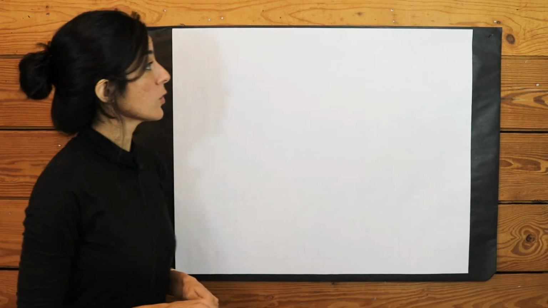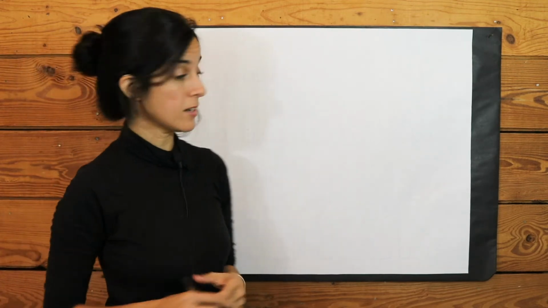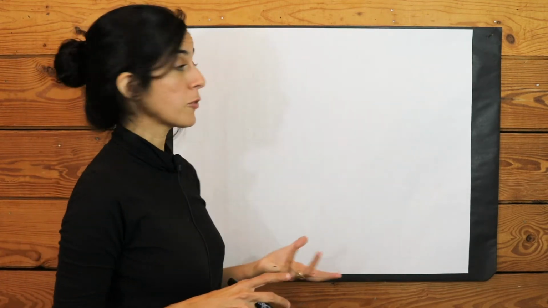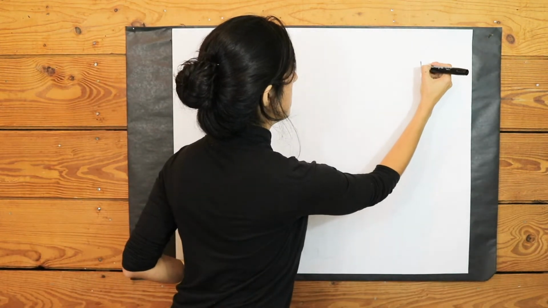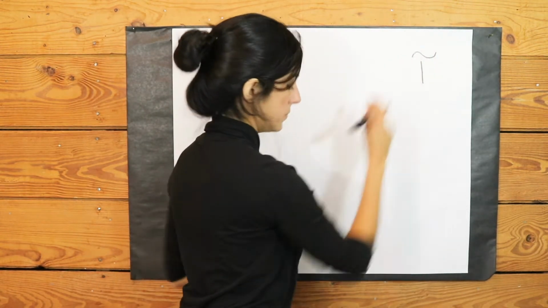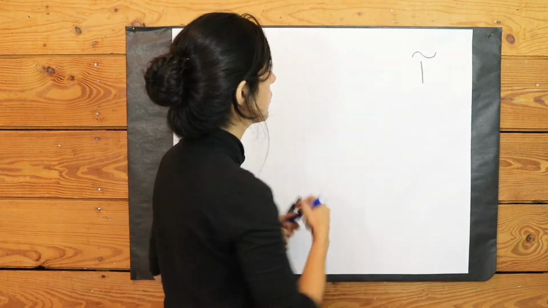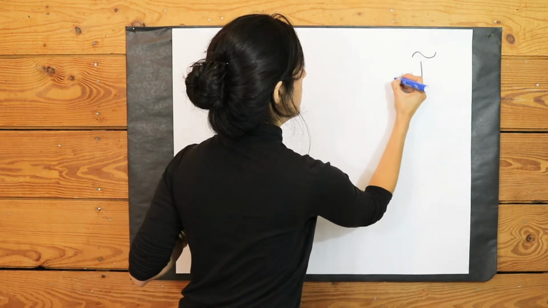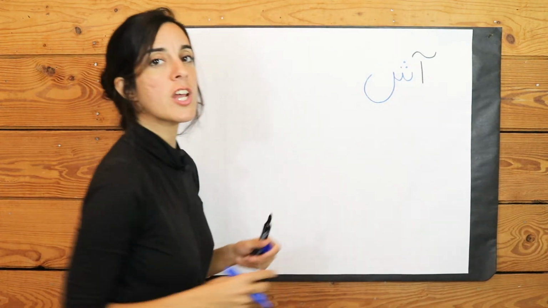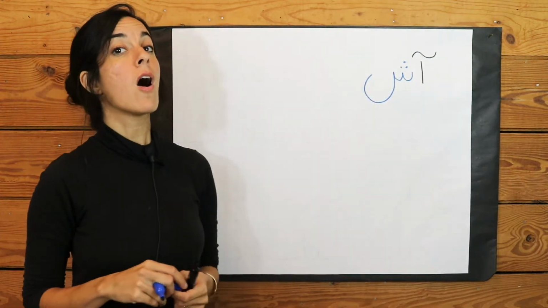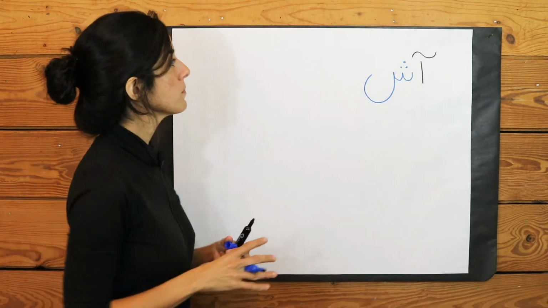And now we are going to go over our 2 consonants and build different words. So we went over this one in the last page. A with a she is ash, and that means soup.